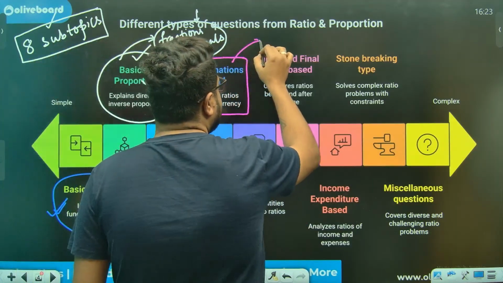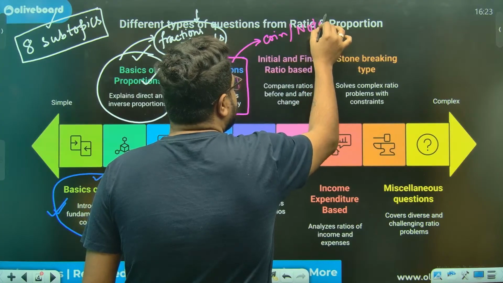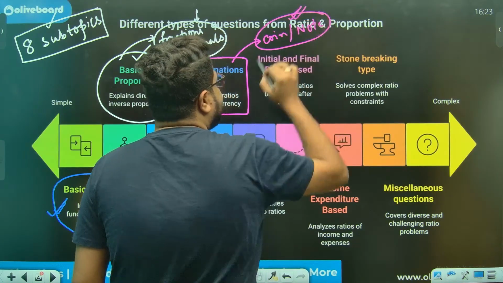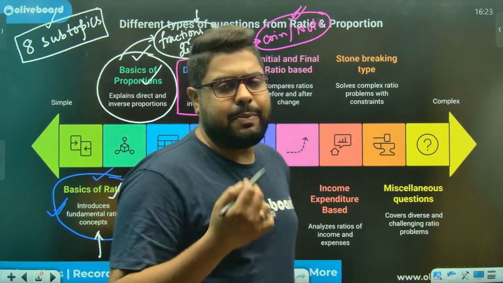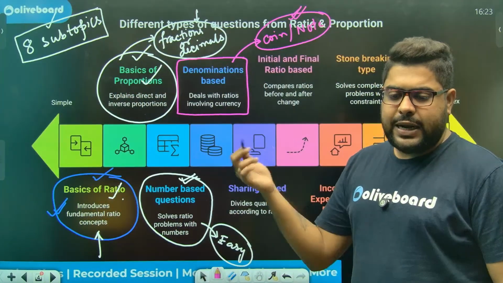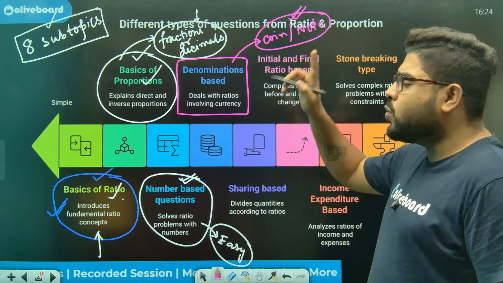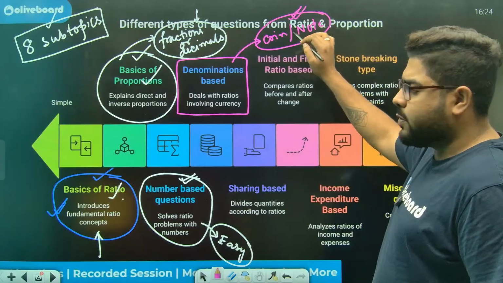Denomination based means some call it coin based, some call it note based. So they will talk about currencies, coins, notes. In a bag there was this much total money, in 2 rupee, 5 rupee, 10 rupee coins. So like number of coins ratio. So there are two ratios involved in this type of questions.